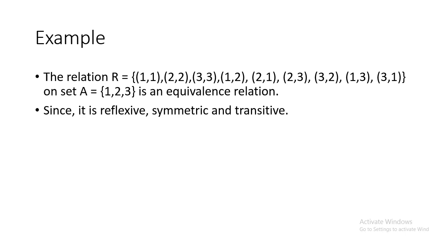Now for transitive, (1,2) and (2,3), so (1,3) must also be present, and there is a (1,3) pair also. Now (3,2) and (2,3), sorry.